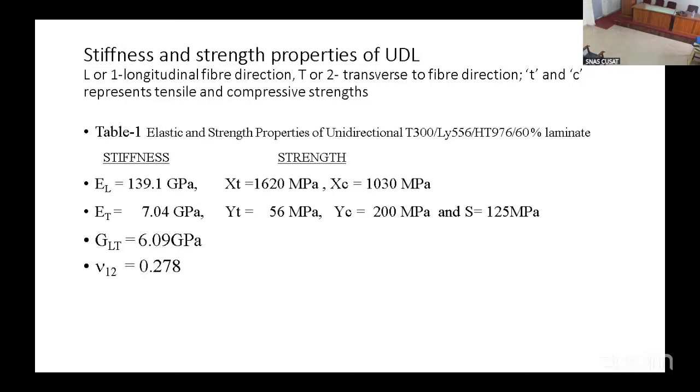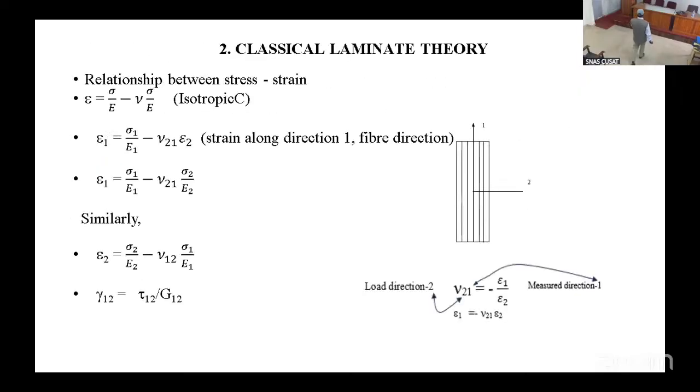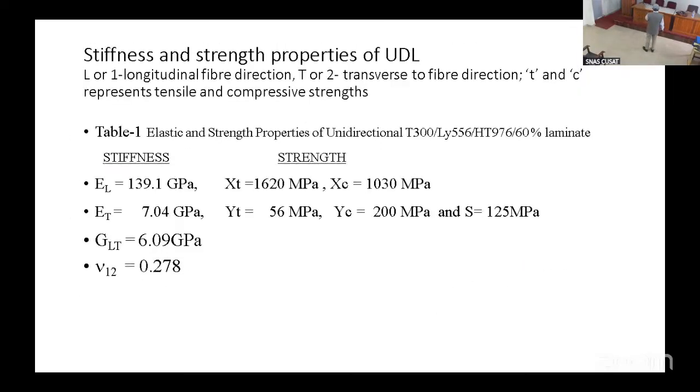People will doubt, no? When many people were sitting there, he could break it because of the shear modulus. The shear strength is 125, while the tensile strength is 1000. So everybody would have applied their power to break in the fiber direction.